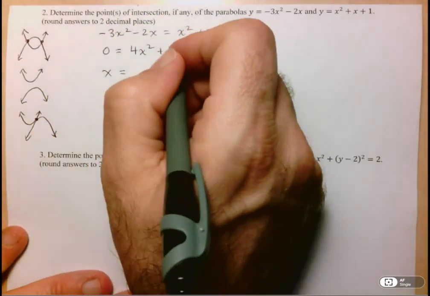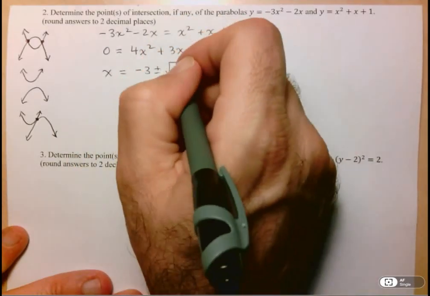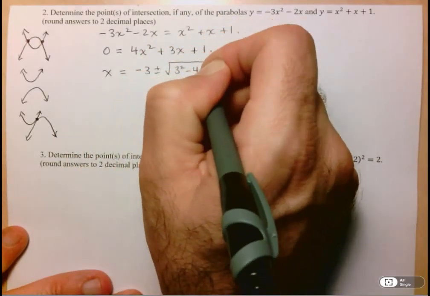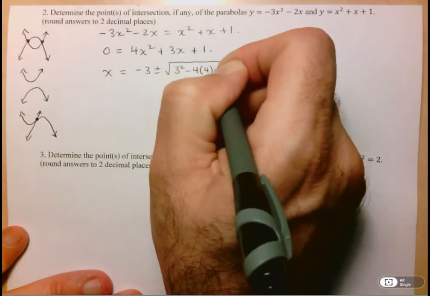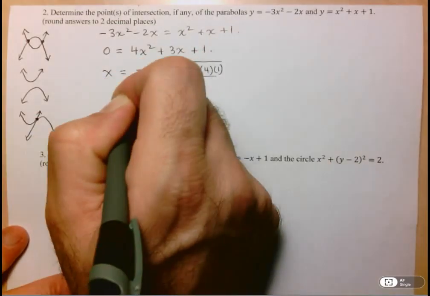So negative b, so that'll be negative 3, plus or minus the square root of b squared, so 3 squared, minus 4 times a, which is 4, times c, which is 1, all over 2a, which is 2 times 4.